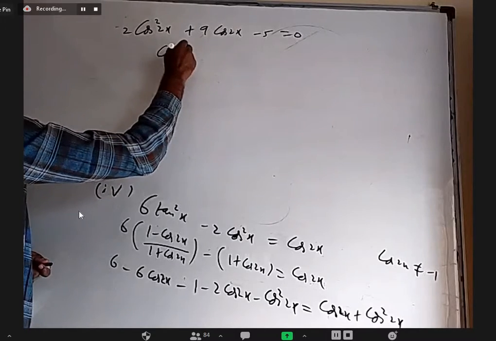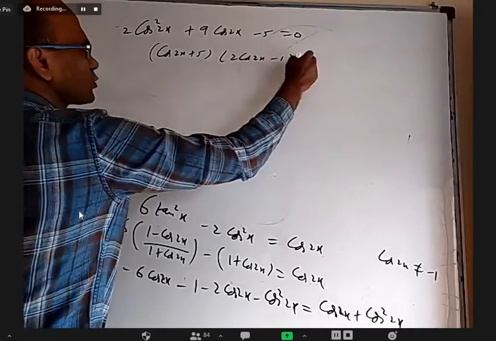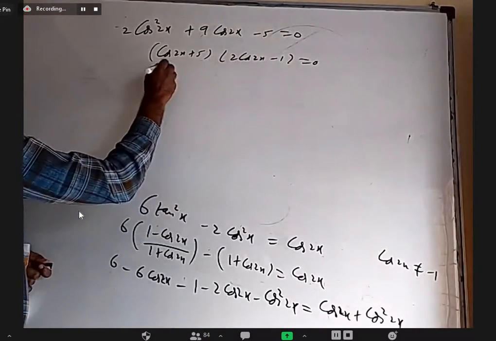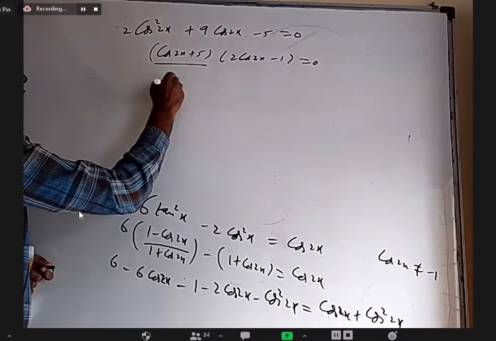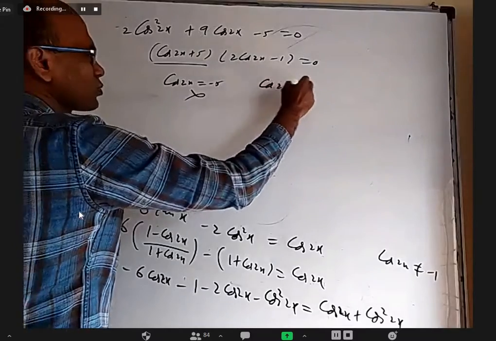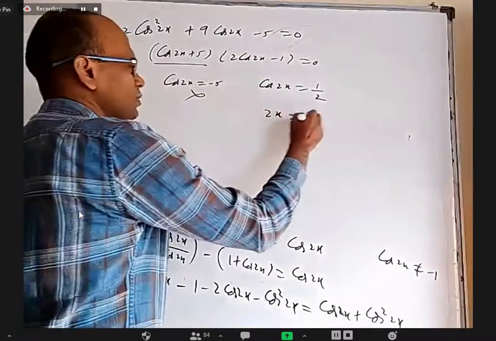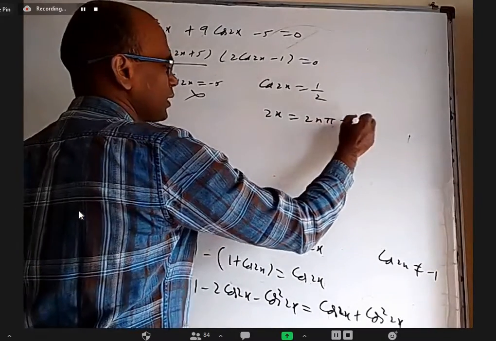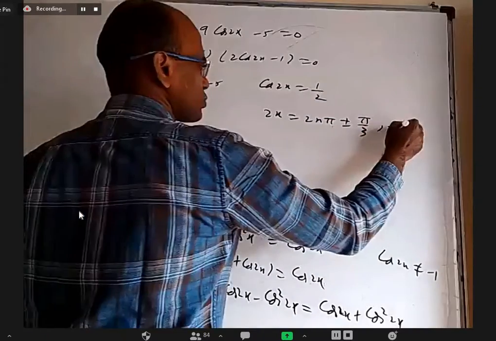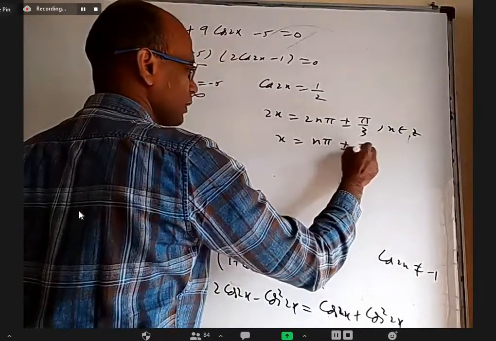That is (cos 2x plus 5) into (2 cos 2x minus 1). 2 cos square 2x, 10, everything is fine. This can't be 0 because cos 2x cannot be minus 5. No solution. Here we will get cos 2x equal to 1 by 2. That is 2n pi plus or minus pi by 3, n belongs to Z. That is x equal to n pi plus or minus pi by 6.